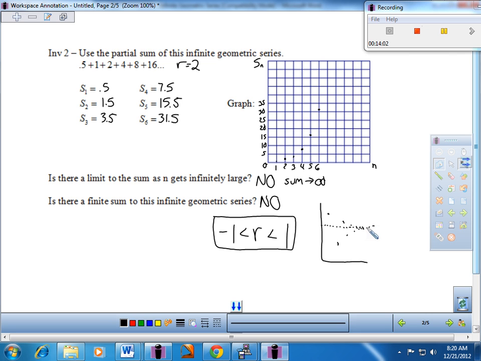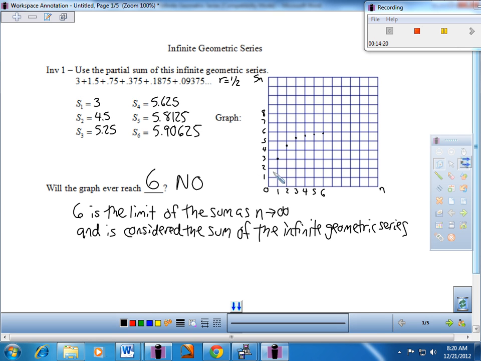So a little above, a little below, a little above, a little below. And in each case, as n gets larger and larger, it would be getting closer and closer to that particular value. And so it would have a finite sum. It just doesn't act in the same way as this. It doesn't approach the number from just one direction. Kind of fascinating.